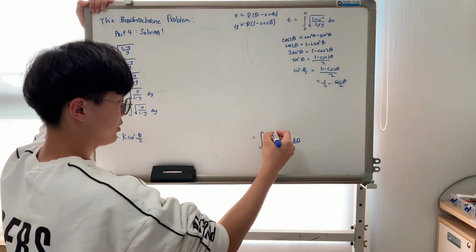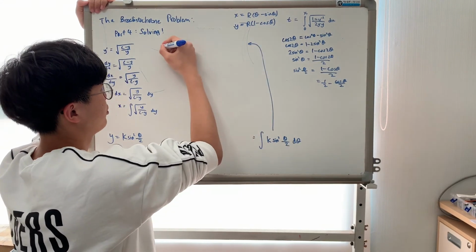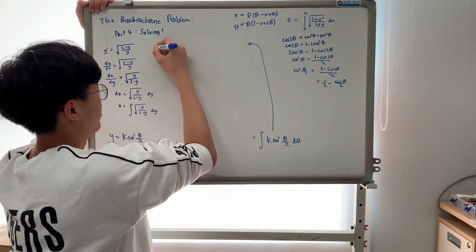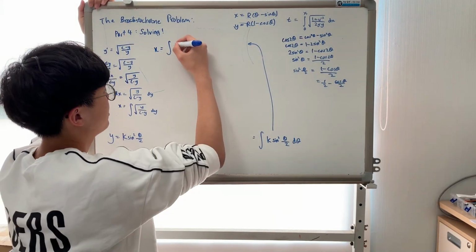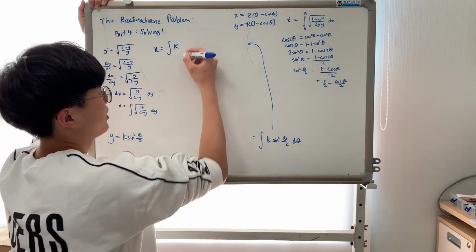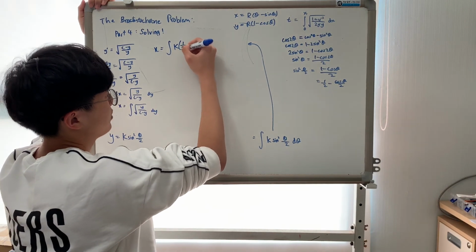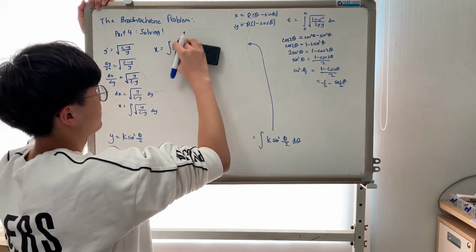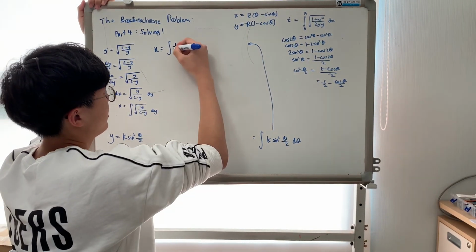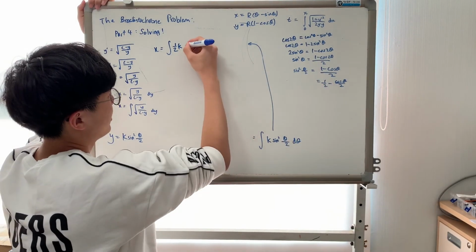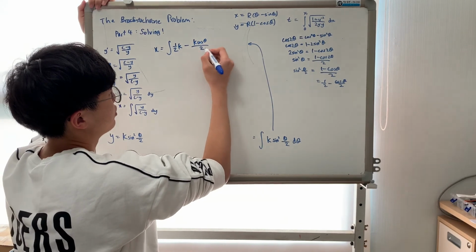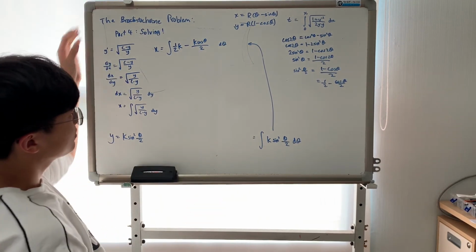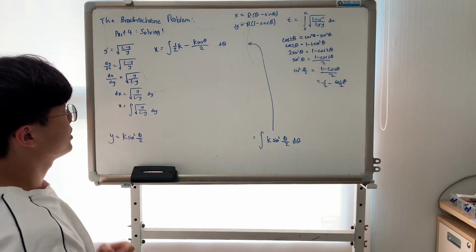Okay, then let's erase all this part here and say that this expression is now going to be equal to the integral. So x is equal to the integral of k times 1/2, so 1/2 k minus k cosine theta over 2 d theta. Okay, so now that's easy.